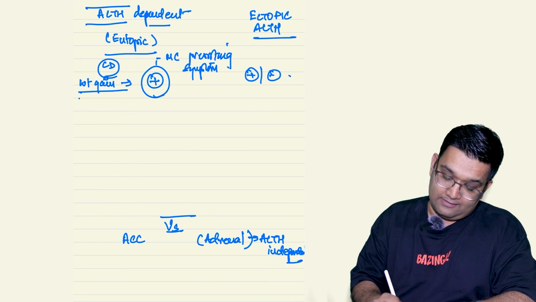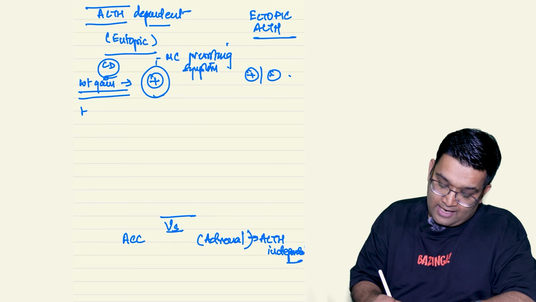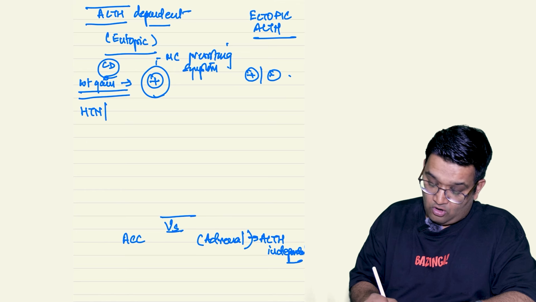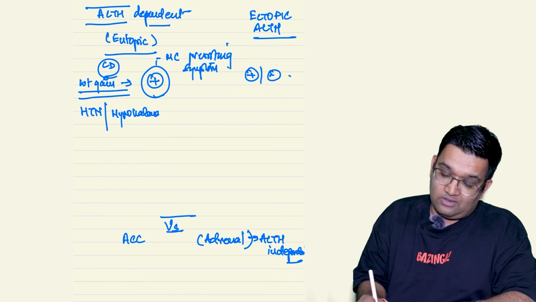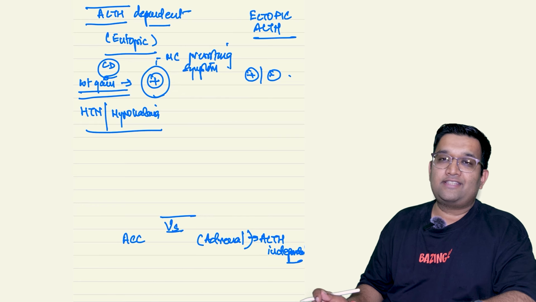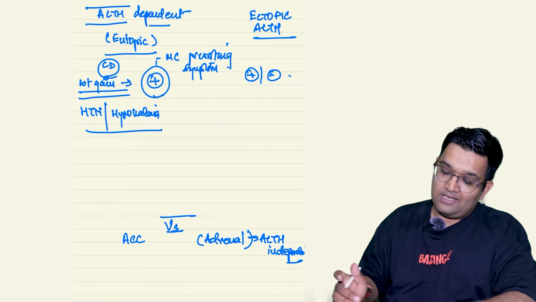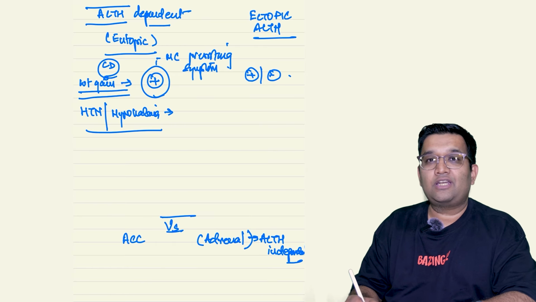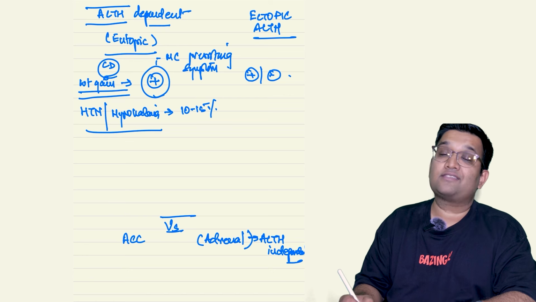Then after this, hypertension or hypokalemia. So this is a very important point, that in case of a Cushing's disease, that is a eutopic ACTH dependent cause, we can have hypertension and hypokalemia in around 10 to 15% of the cases.